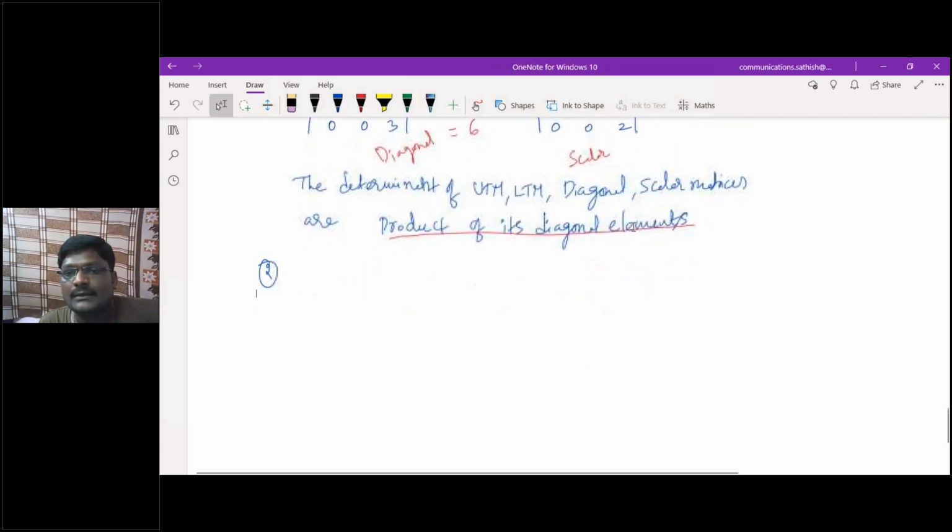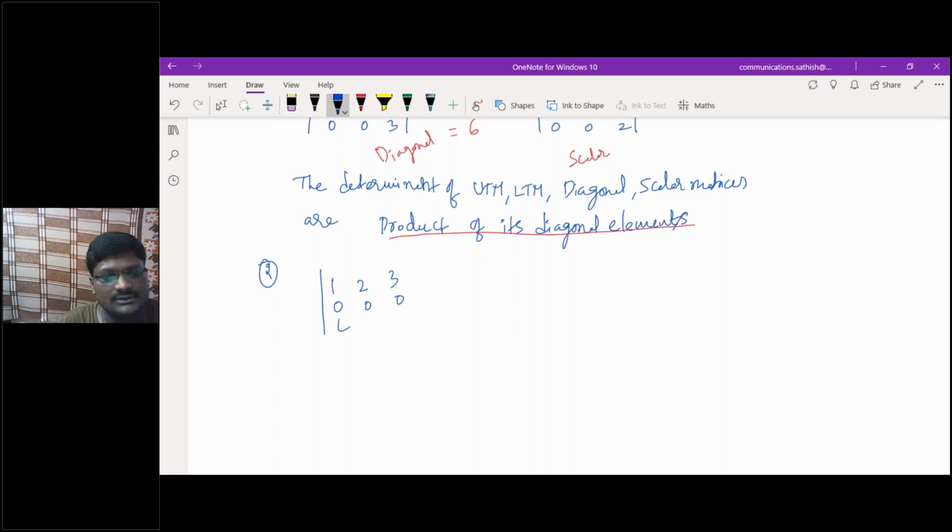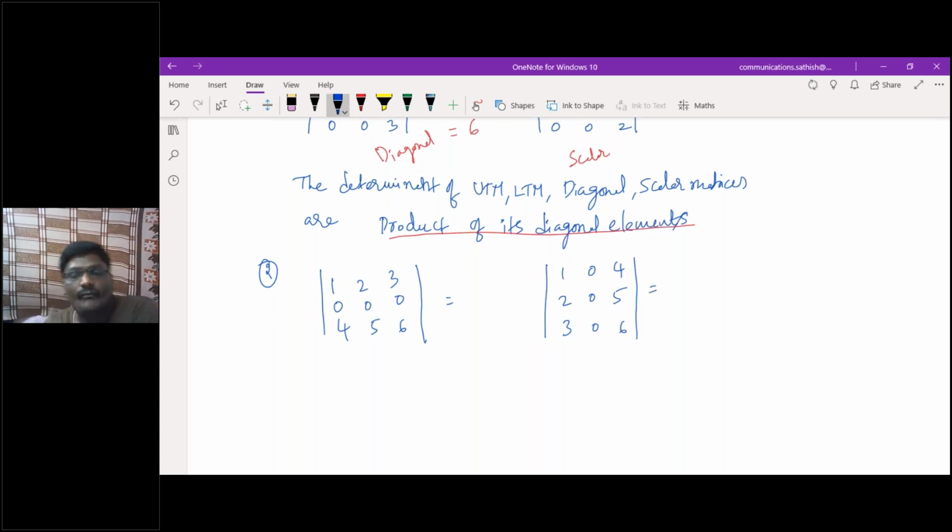No, sir. Next, can you give me the determinant for these matrices? Like 1, 2, 3, 0, 0, 0, 4, 5, 6. Similarly, 1, 0, 4, 2, 0, 5, 3, 0, 6. Can you give me the determinant for these matrices? 0, sir. Why this 0?